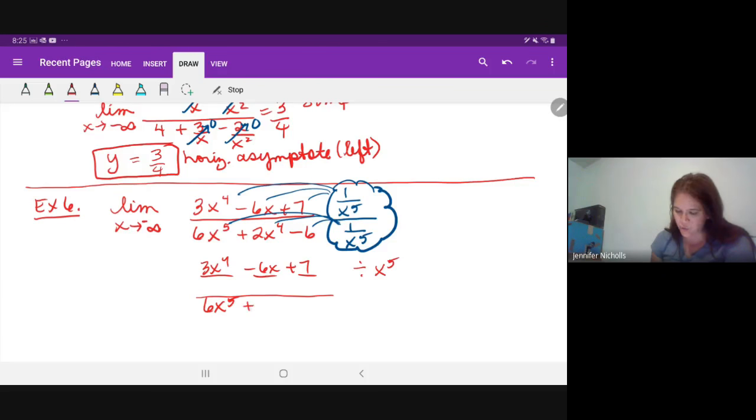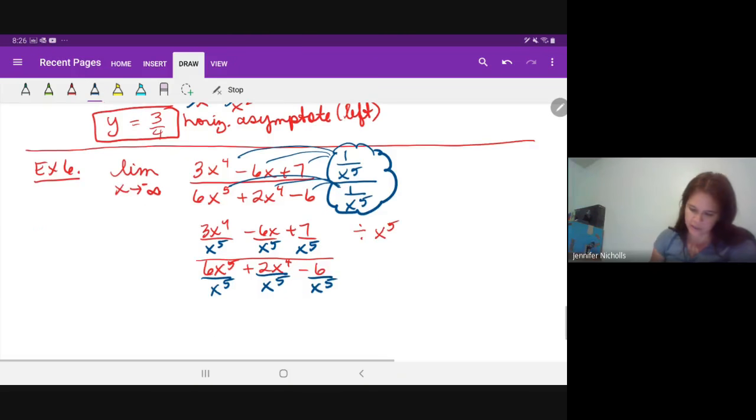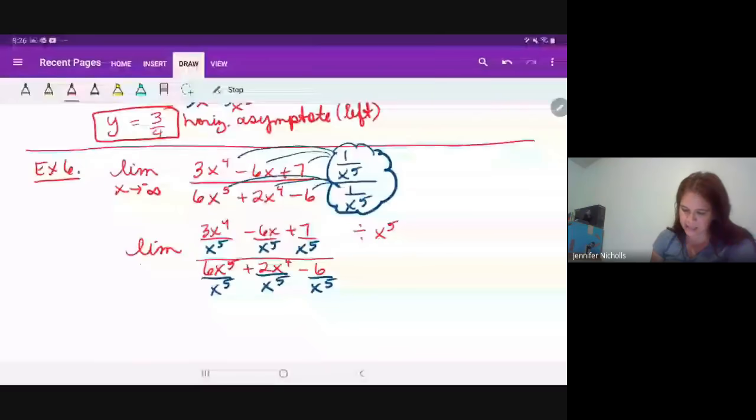Now, like I said, you are allowed to divide by 6x to the 5th, but the numbers get worse, so I like to just divide by the x part. What legally allows you to distribute is that you're doing a conversion factor. You're really multiplying by 1. Do I still have an x? I do. I still need my limit as x approaches negative infinity. And then I reduce.